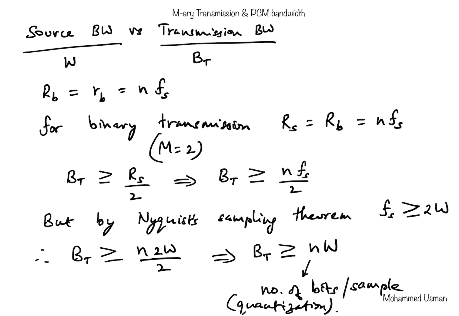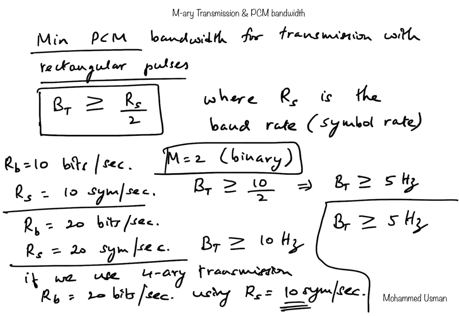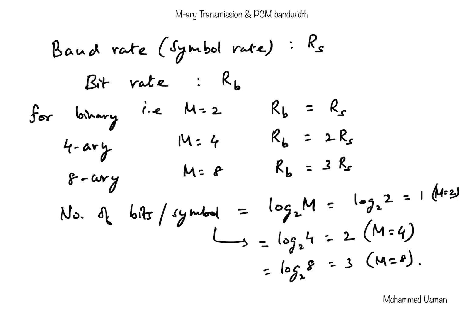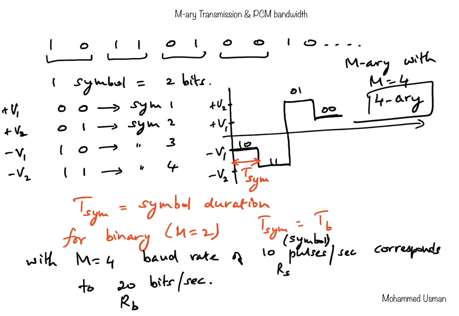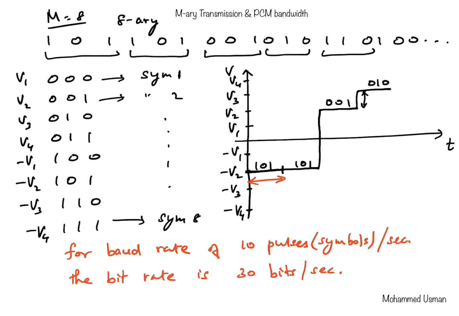Do not confuse this N, which is the number of bits per sample, with the bits per symbol. Please take note of this. There is a difference between bits per sample and bits per symbol.